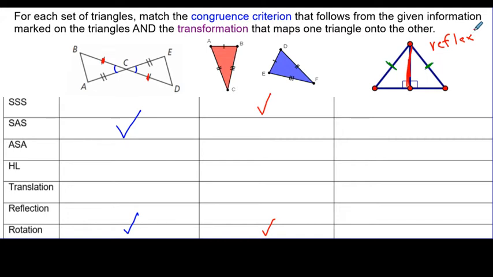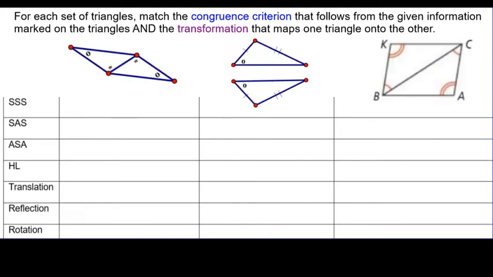Let me make sure I spell this the right way, reflexive. If I have a shared side or a shared angle, that's called reflexive. So here, the green hypotenuses are the same. The red side is shared, and it's a right triangle, so this is HL, hypotenuse leg. And here I can tell these reflected over.